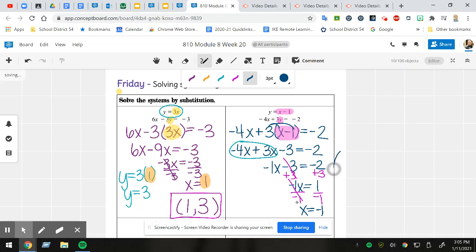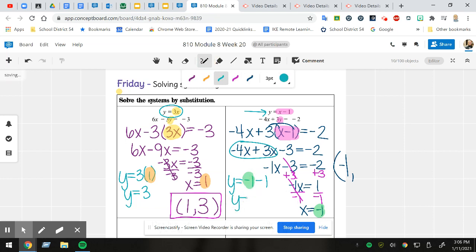So let me start my solution. X is negative 1. Okay, so looking at my equation, I'm going to use this equation because, again, it's a shorter one. So y equals, instead of writing x, I'm putting the value, which is negative 1 minus 1. So let's stop and take a look. X equals negative 1. So I substituted it in.